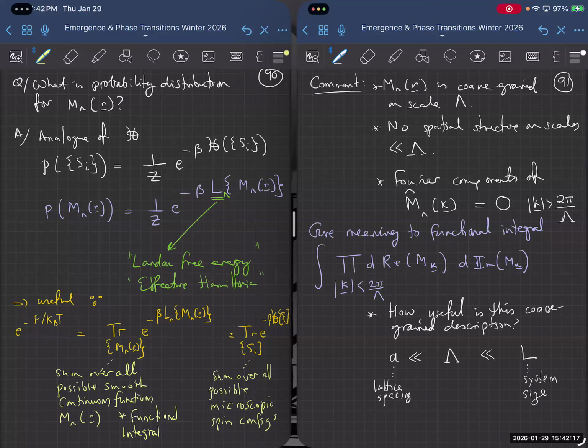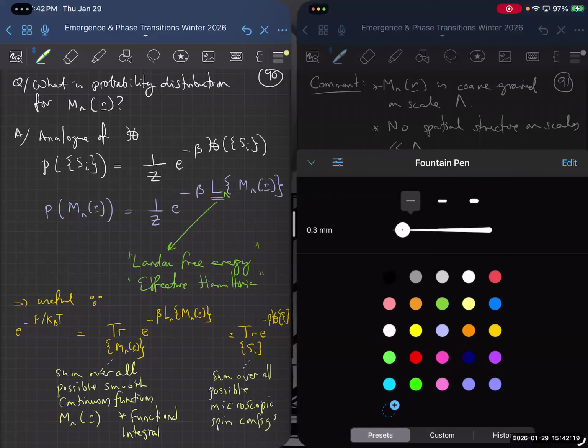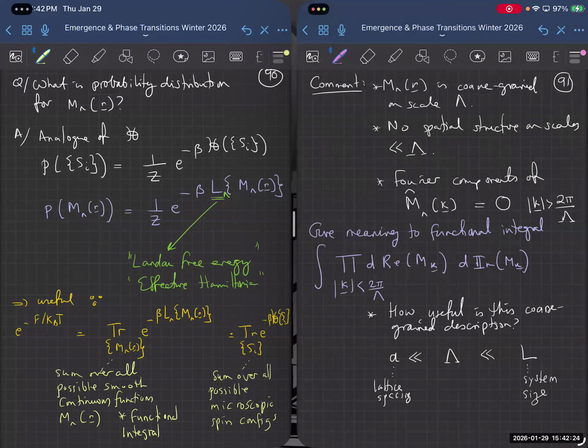To do statistical mechanics in the first place, we have to take the thermodynamic limit, L goes to infinity, for phase transitions in any case. So we want to make this range as big as possible.